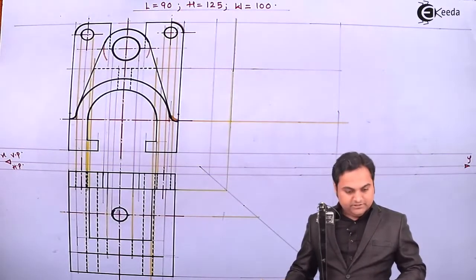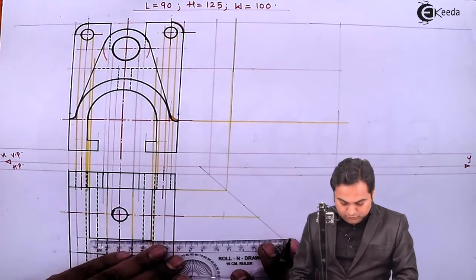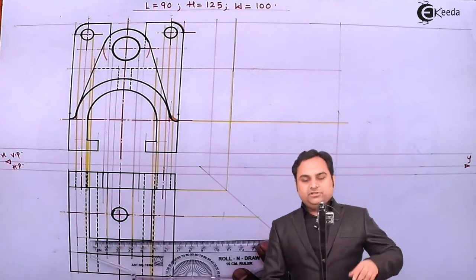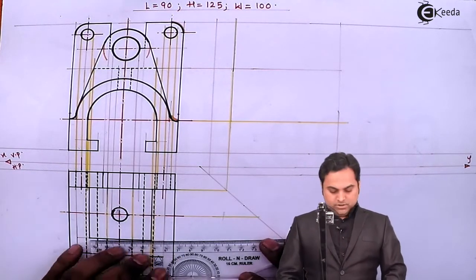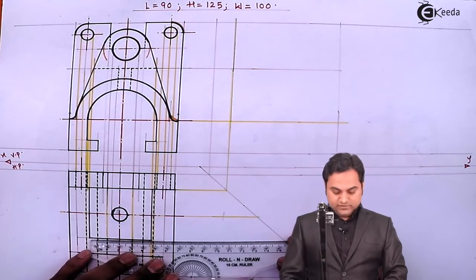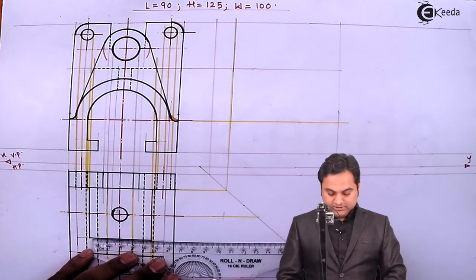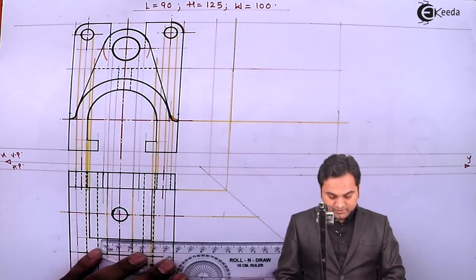Next, width of the plate from the top view. Projecting it light first, then afterwards we are going to make it dark because we have to draw the sectional side view here. So it is better to project it light, draw it light, and then make it dark.